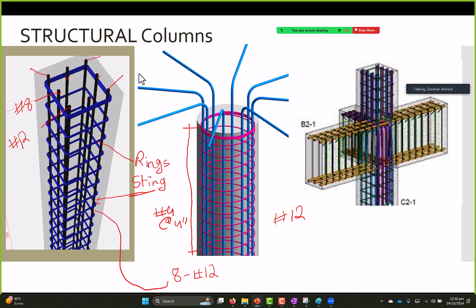So what I will do is write this as 4 number 12 plus 4 number 8, sorry, 12 and 8. So it's not important that the bar diameter be the same. It can vary, it can be different. Understood? I think let's leave it at this, or it will become a lot complicated.